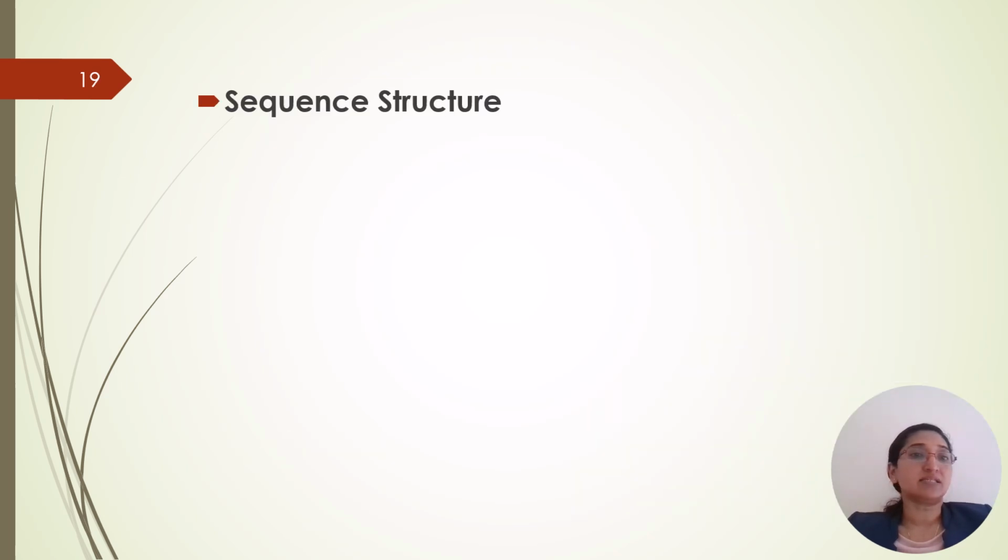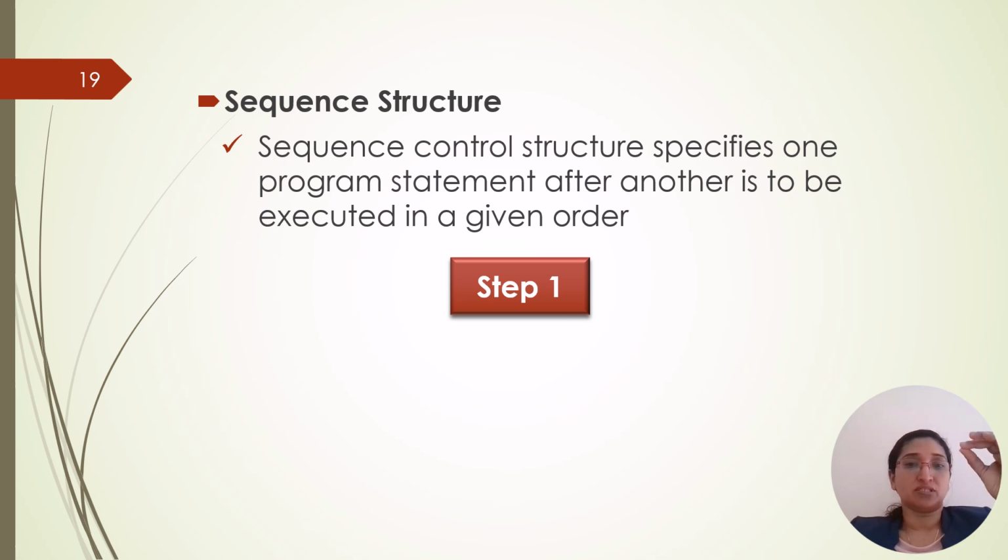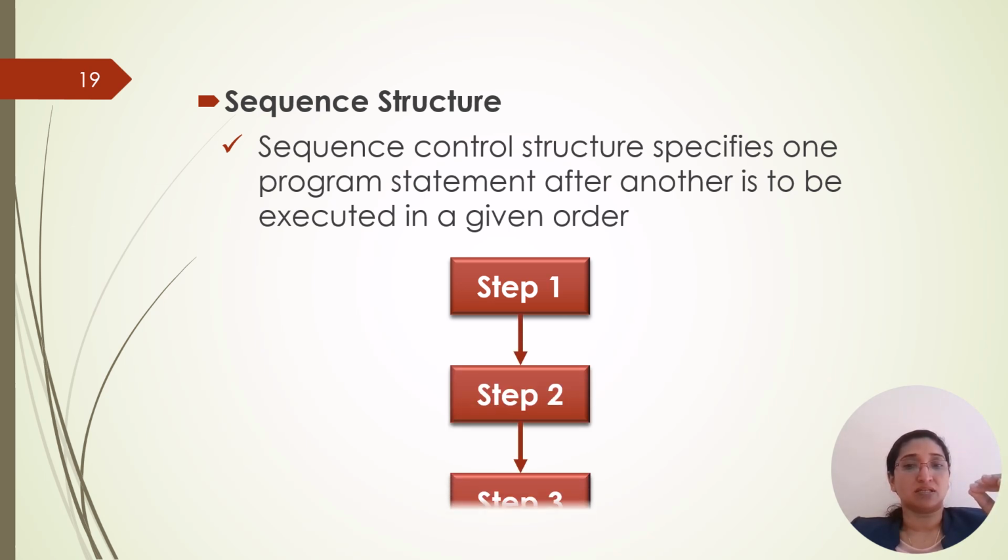Right. So let's discuss these control structures in detail. Sequence structure. Sequence control structure specifies one program statement after another is to be executed in a given order. So you perform the first step and then you go to the second step and then the next step. Exactly one after the other.